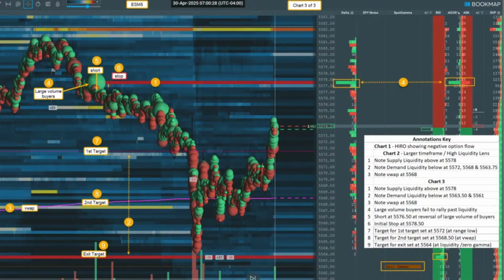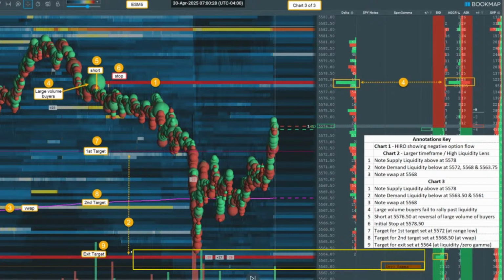It's a beautiful combination, and this is what you're looking for on your higher time frames, and this is what you're confirming in your order flow in Bookmap. And that's really, really great to see.